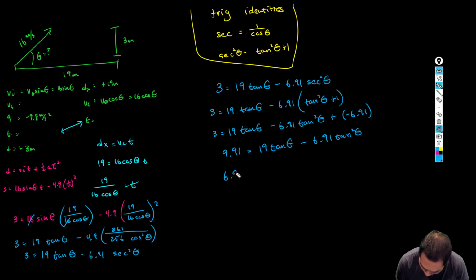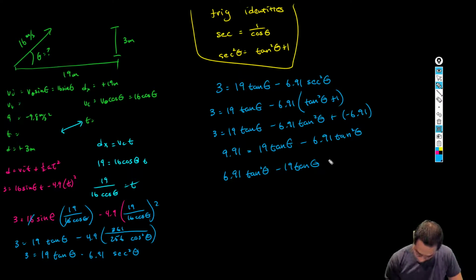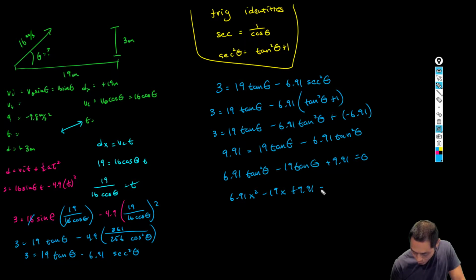So I have 6.91 tangent squared minus 19 tangent theta plus 9.91 equals 0. So now I have a quadratic. When you're doing this, you substitute your tangent with just an x. So I will just do that. So 6.91 x squared minus 19x plus 9.91 equals 0.